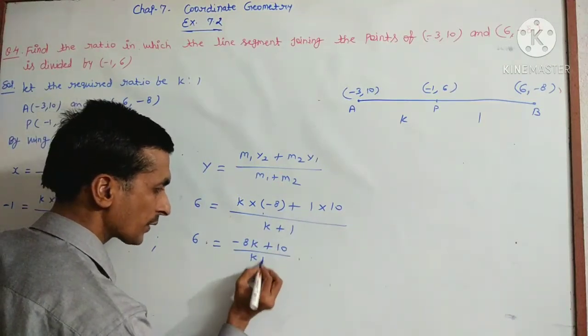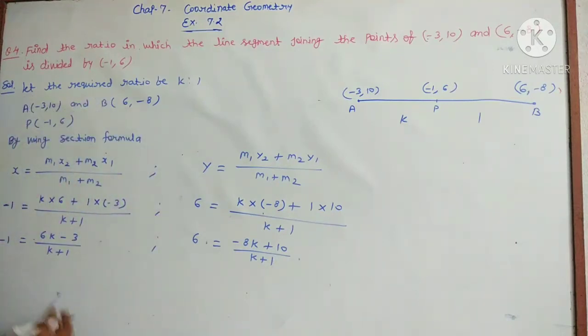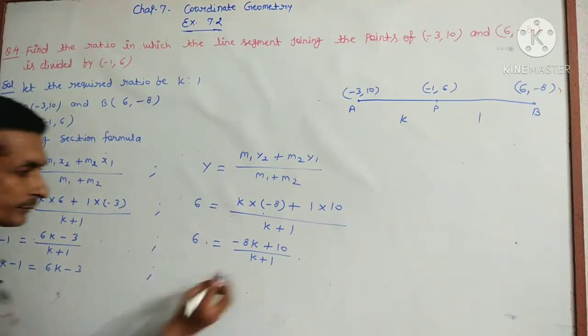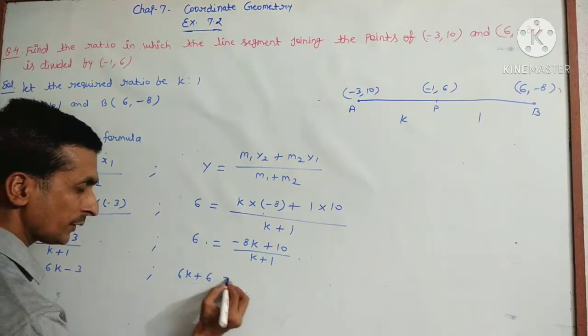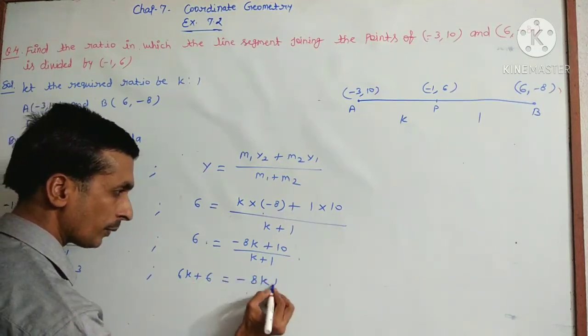Cross multiply, you will get, multiplying by -1, that becomes -k - 1 equal to 6k - 3. Okay, here multiply 6 by (k + 1), giving 6k + 6 equal to -8k + 10.